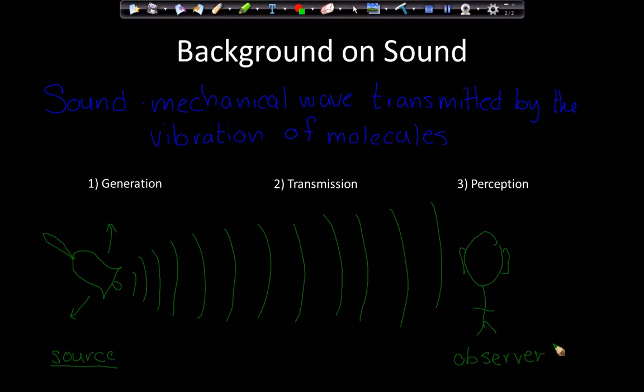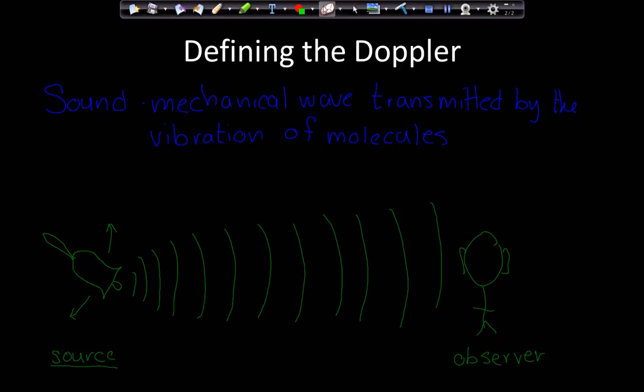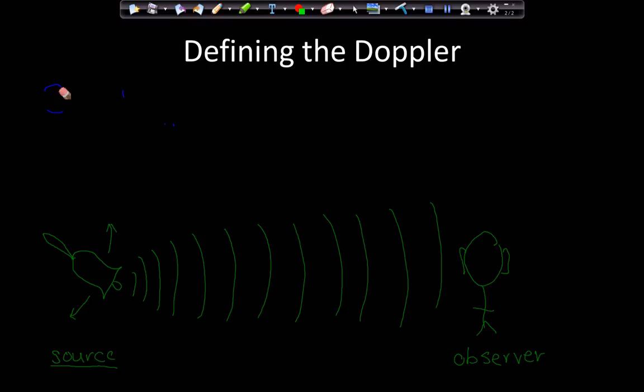So now that we've done a little background on sound, I'm going to go ahead and go over what the Doppler effect is. And to do that, I'm going to advance to the next slide. And I'm going to get rid of our definition up here of sound. And I'm going to go ahead and describe the Doppler effect.